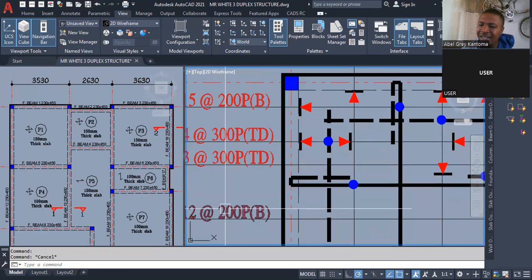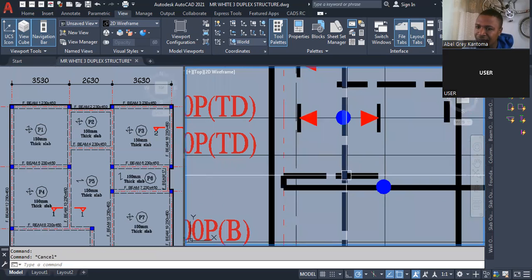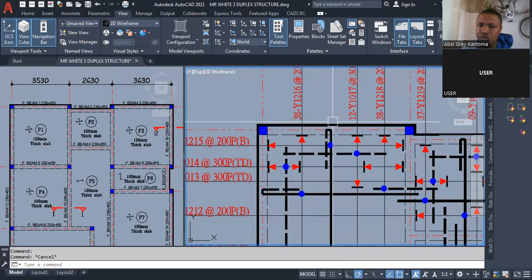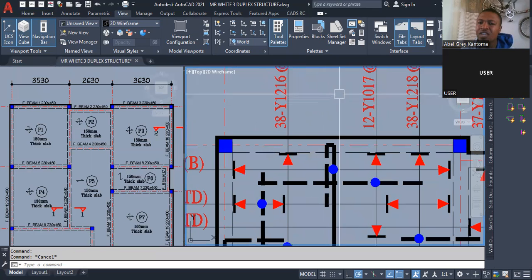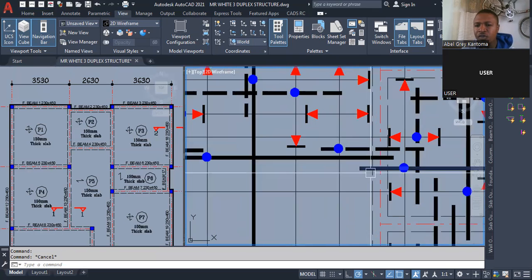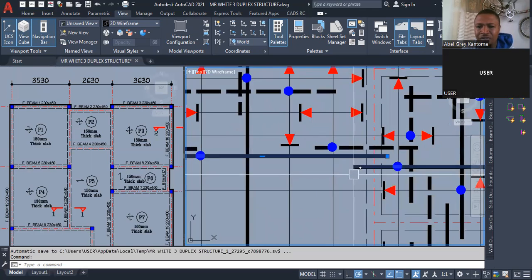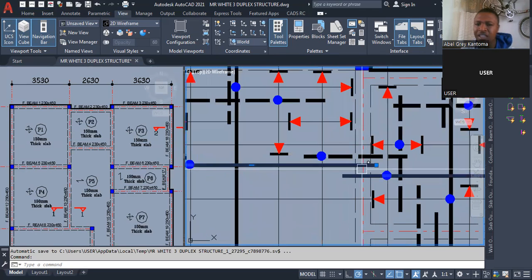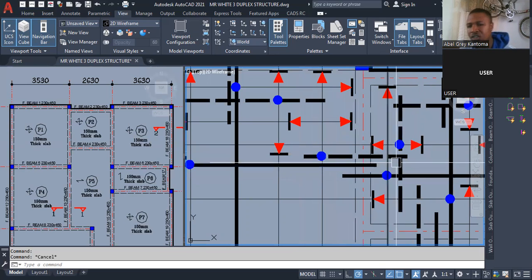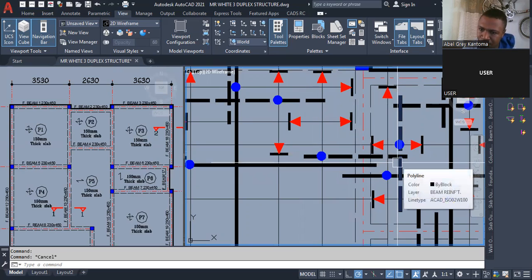You don't have any panel here, so it has to return inside. The same thing here too. There is no other panel here, so it has to return inside. But if you check here, you discover this same reinforcement did not return. It went into this other slab because you have a slab here. So you don't return it. You just take it into that slab.